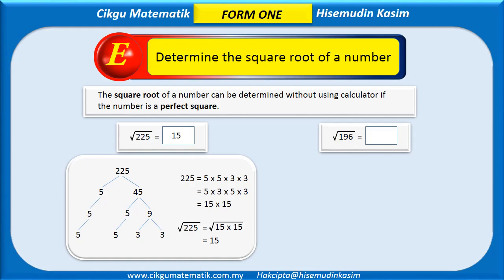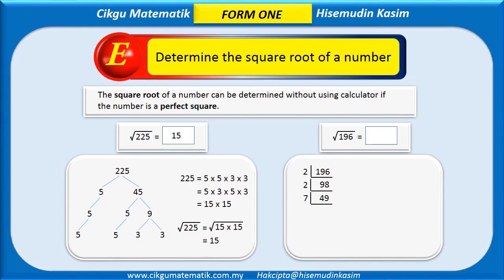The square root of 196. 196 divided by 2 is 98. Divide by 2, 49. Divide by 7, 7.